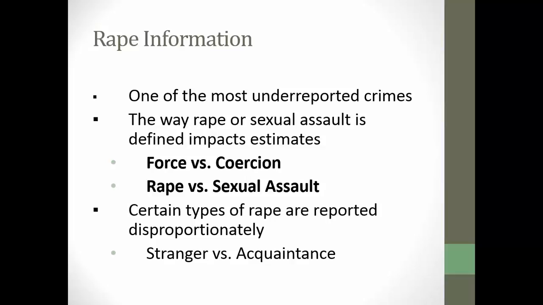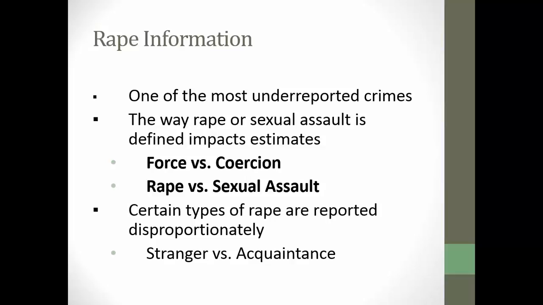Reporting is also related to the type of sexual assault or rape that happens. Stranger rapes, for example, are much more likely to be reported than rapes that occur amongst acquaintances. Our estimates for how much rape and sexual assault happen are very much related to the definitions and type.